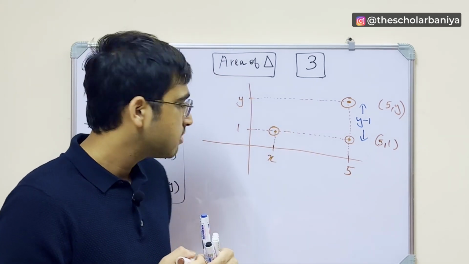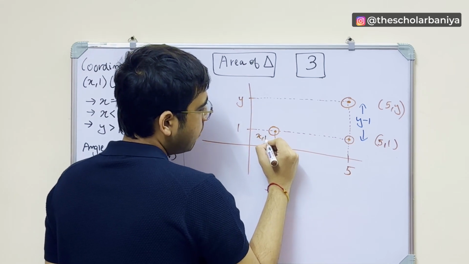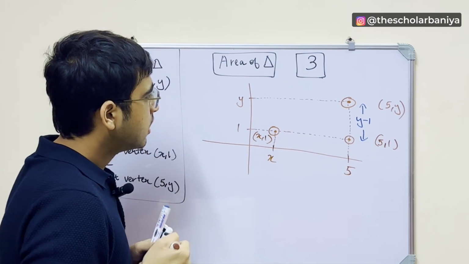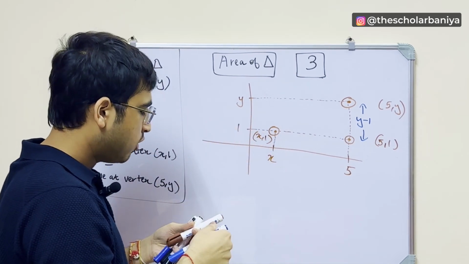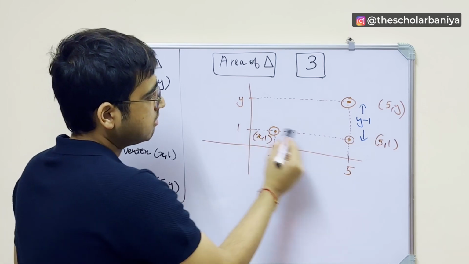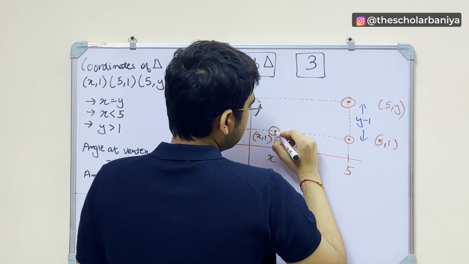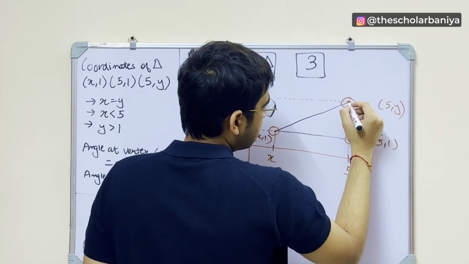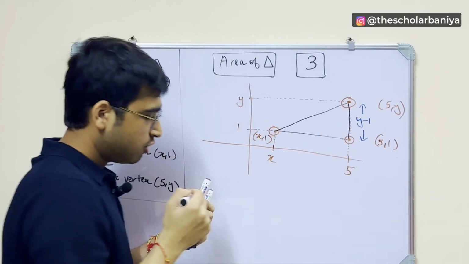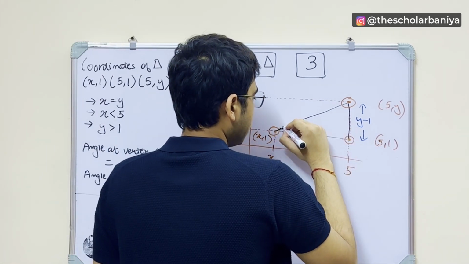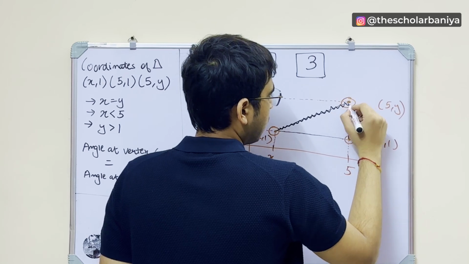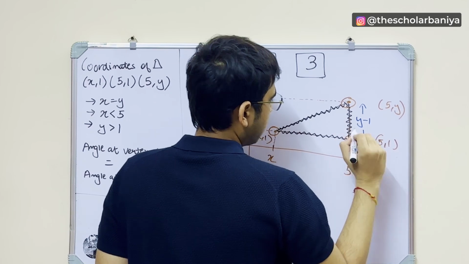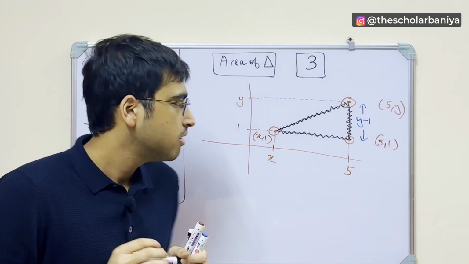So can you tell what the triangle is over here? The triangle becomes this. So this becomes a triangle. I hope this makes complete sense, right?